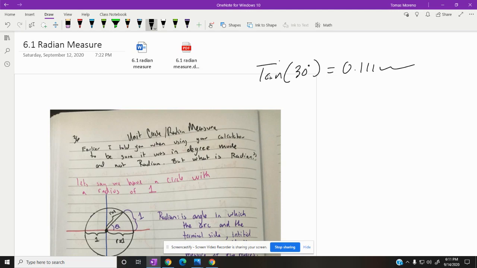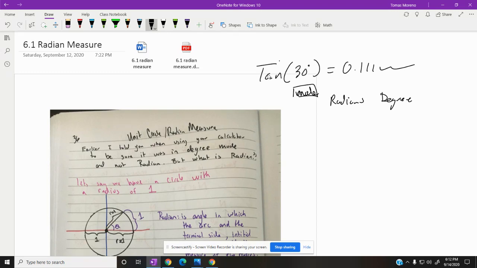And the fact of the matter was that when we went to our calculator, our mode was in radians and not in degrees. So when you get your calculators, your TI 84s, you want to press mode. You scroll down two times, and then there's radian and degree, and you want to go to degrees when you're dealing with degrees.